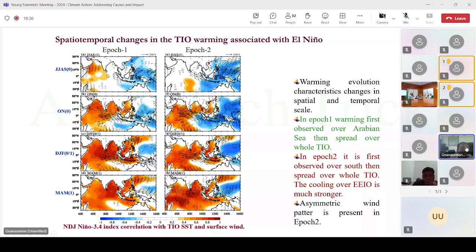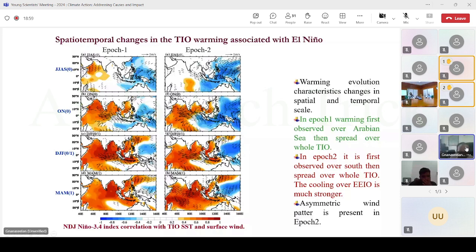For example, one of the significant changes in recent years is an asymmetric, C-shaped pattern of the wind happening in this region. That is also closely associated with large warming in the southwest Indian Ocean region.